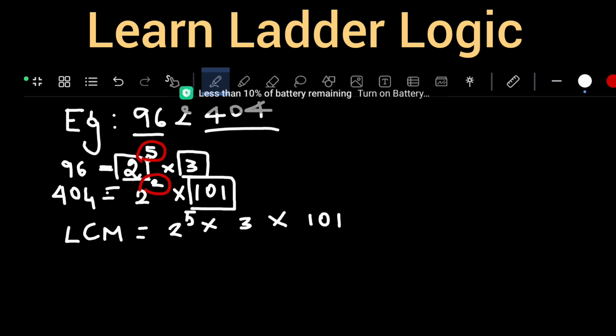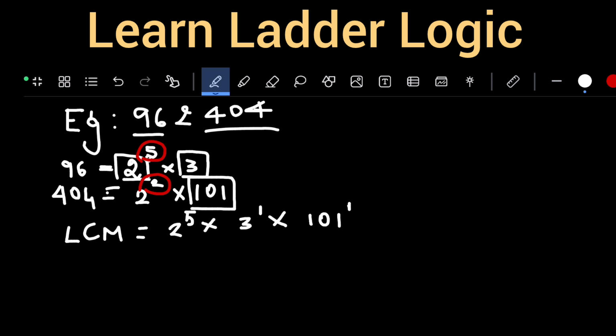Similarly, I'll check for number 3 and number 101. Here, the highest power the number 3 has is 1 and the number 101 has is also 1. So I'll just multiply all these numbers and find the answer.